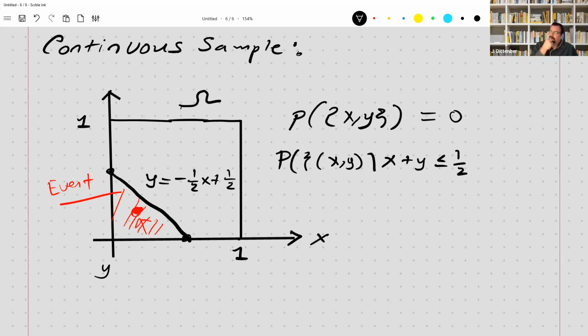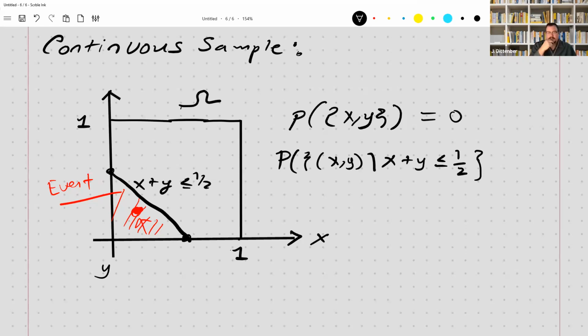Just check one thing here. So basically, I just need to change this. So this line, I wrote it down. It should be X plus Y less than or equal to 1/2. That's the space down here, but this line is X plus Y equals 1/2.